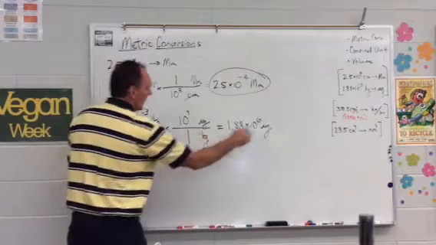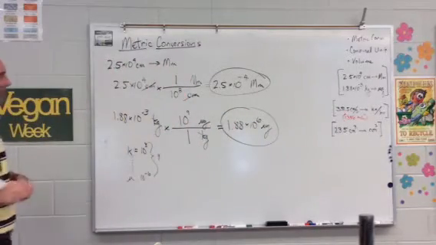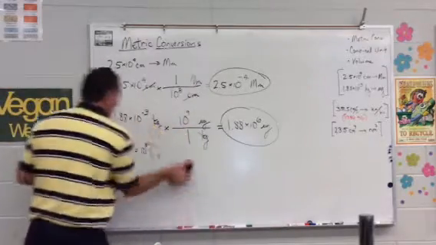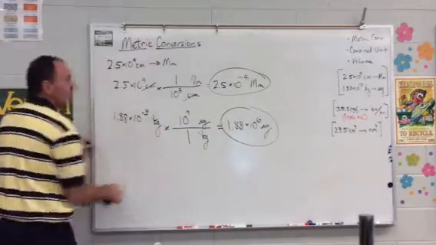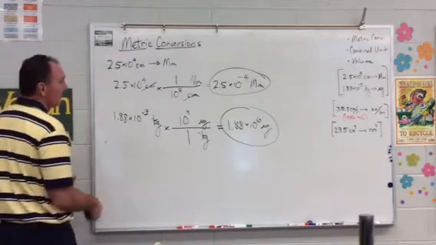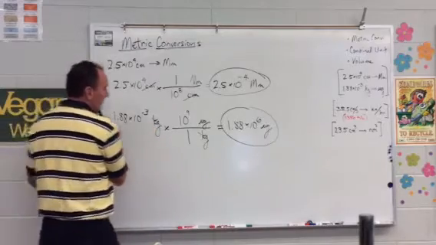Kilogram cancels, and I have my answer. We're handling really large numbers, but we're never touching a calculator, which is kind of neat. That is the cleanest way of doing basic metric conversions: knowing the metric system, then arranging it the way I've shown you.